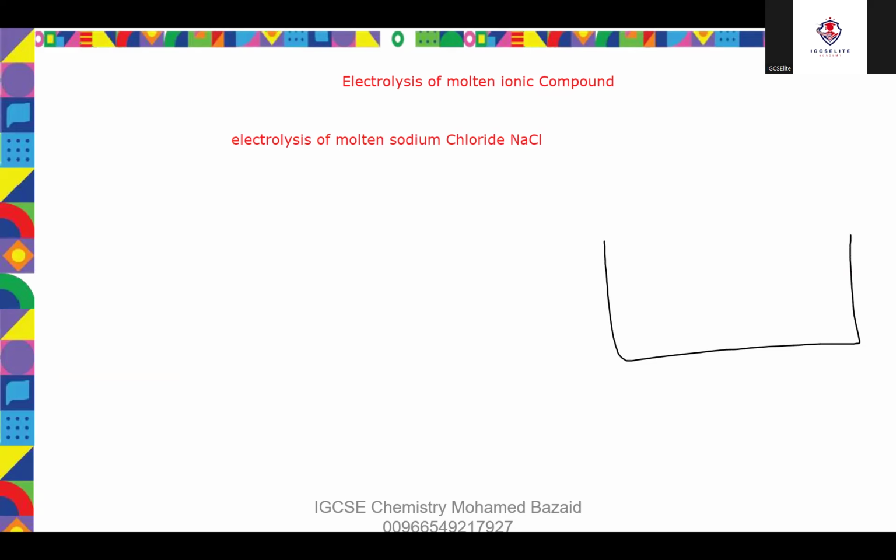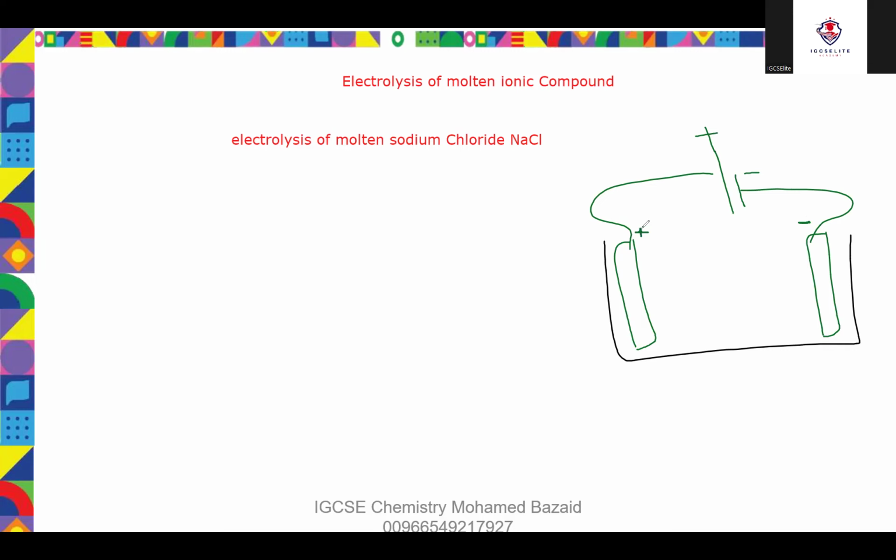Draw here the first electrode, here the second electrode. Connect this electrode with the negative sign of the battery, and this one with the positive side of the battery. So here I have a negative electrode and here a positive electrode.